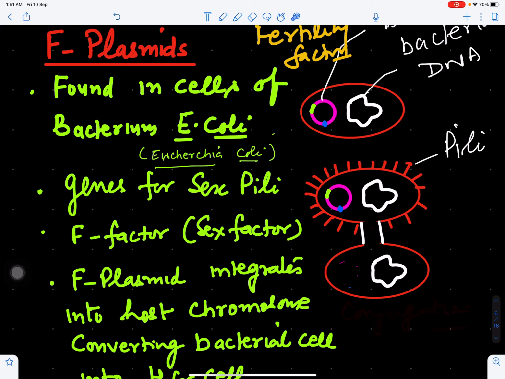Now we can see here, this is the bacteria which does not have a plasmid with the F factor. So this is F minus and this is F positive. A bridge is being produced. This is called the conjugation canal or conjugation bridge between the two bacteria. So a bacterium with sex pili can form a conjugation bridge with this bacterium. Now this plasmid will replicate and come over here.